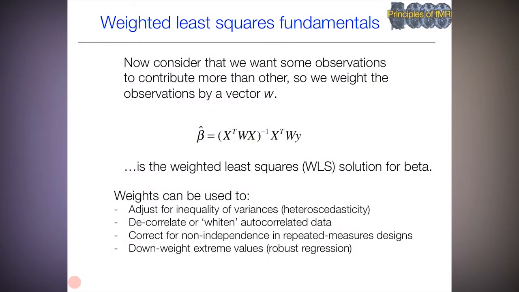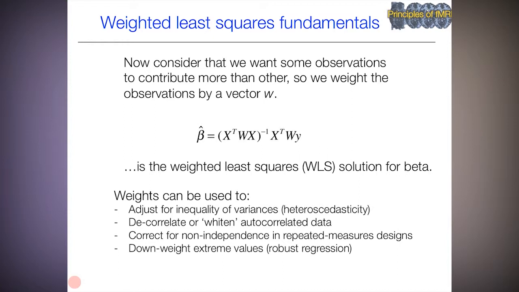So weights can be used, and this framework can be used, in a number of different ways. This is really fundamental. First, these weights can be used to adjust for inequality of variances, heteroscedasticity, if the weights, for example, are inversely proportional to the variance of a group. Secondly, it can be used to decorrelate or whiten autocorrelated data, if you can estimate the form of the serial autocorrelation and then use weights that are proportional to its inverse.